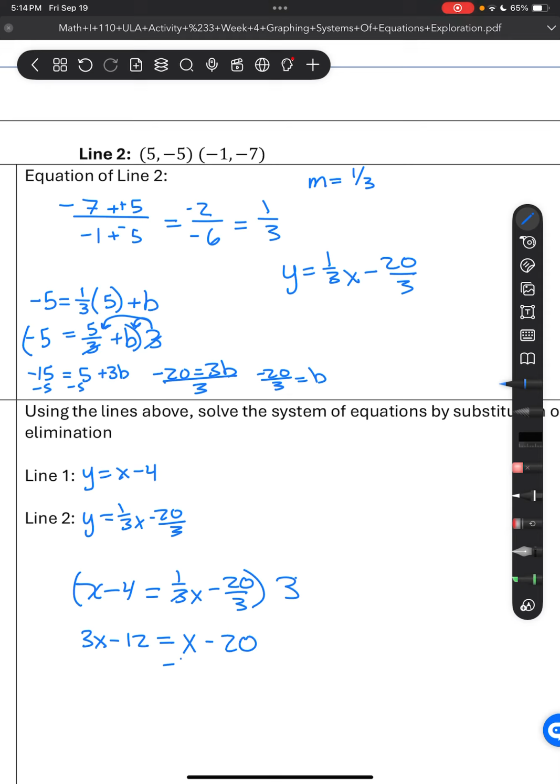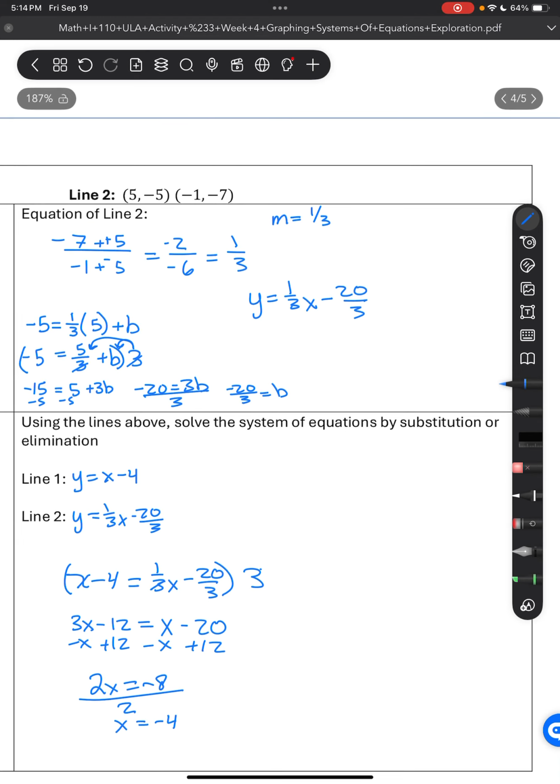Okay, so we're going to subtract x, which gets us 2x. We're going to add 12 to both sides. Then we have 2x equals negative 8. Divided by 2, we have x equals negative 4.